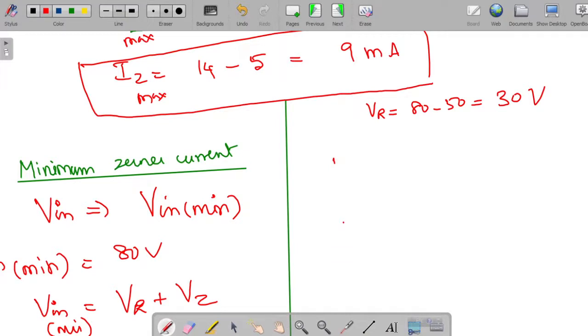Now the question is to find out the minimum Zener current. So IZ is what? That is the question. Minimum occurs when V in is minimum, right?